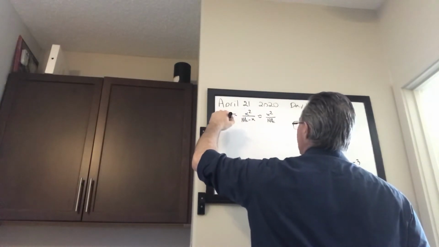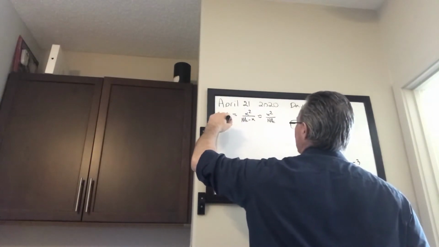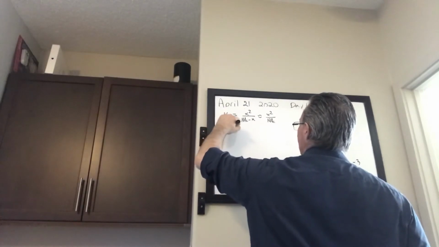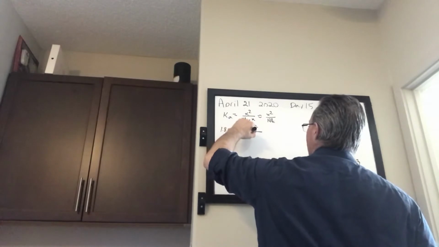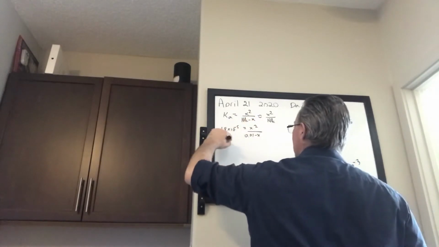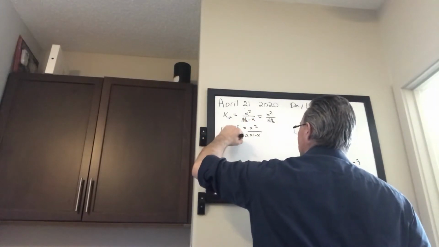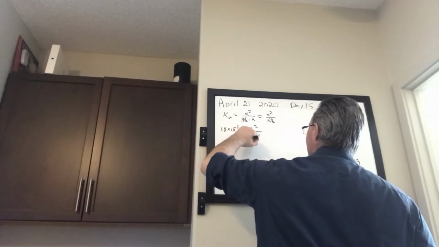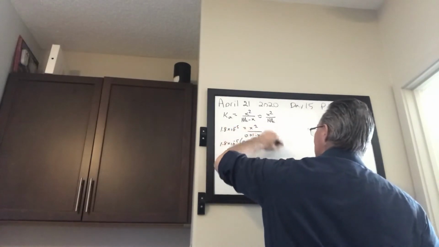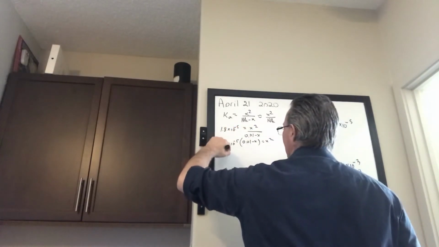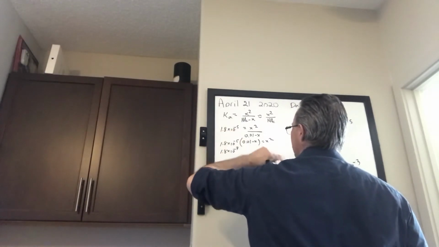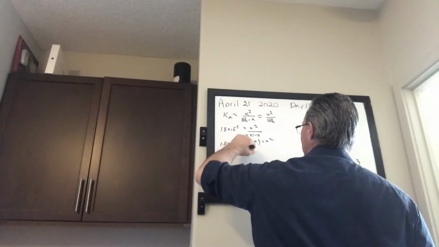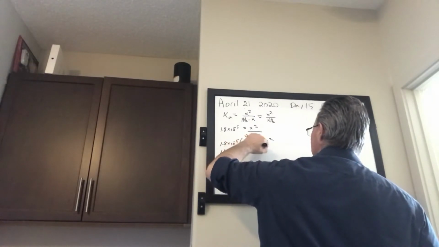So in the first case, you're going to have 1.8 times 10 to the negative 5 is equal to x squared over 0.01 minus x. 1.8 times 10 to the negative 5 times 0.01 minus x equals x squared. 1.8 times 10 to the negative 7 minus 1.8 times 10 to the negative 5 x is equal to x squared.